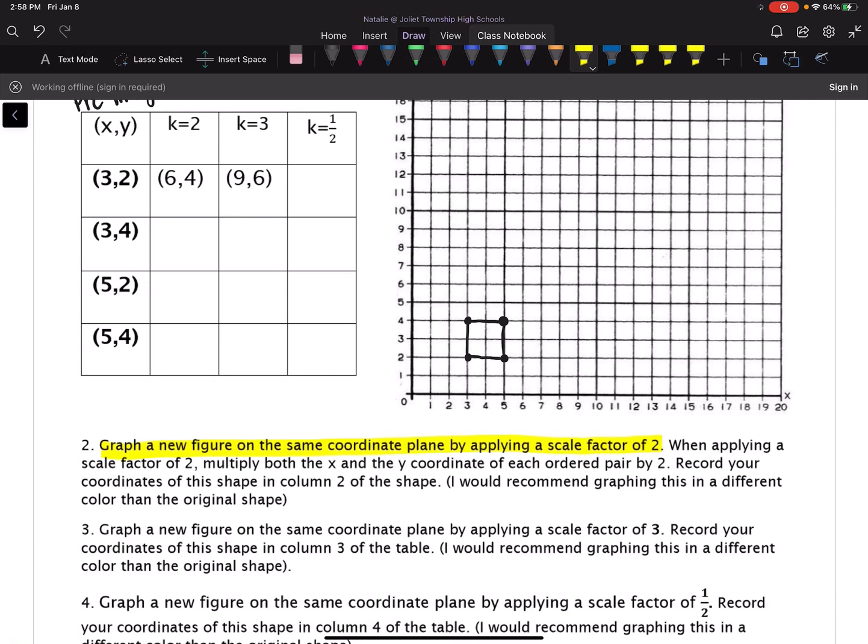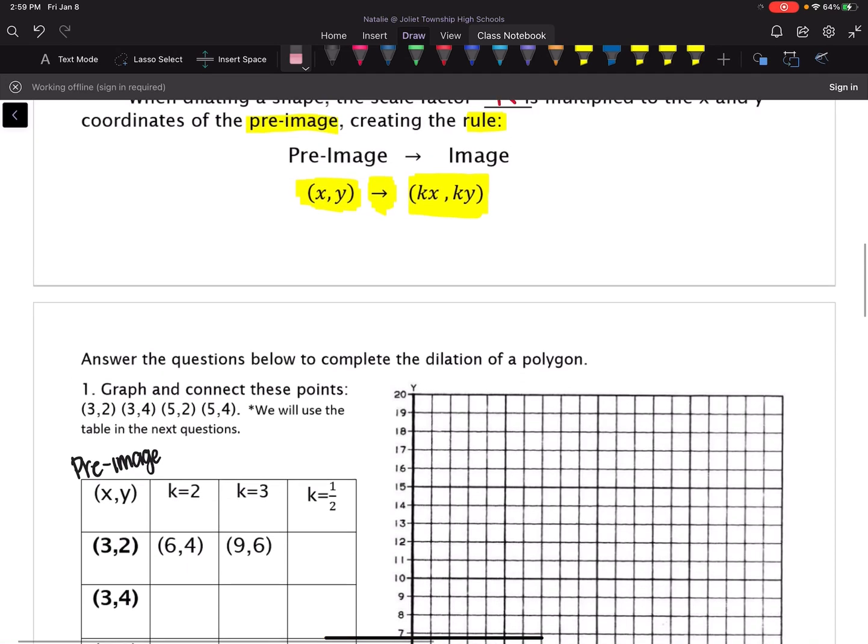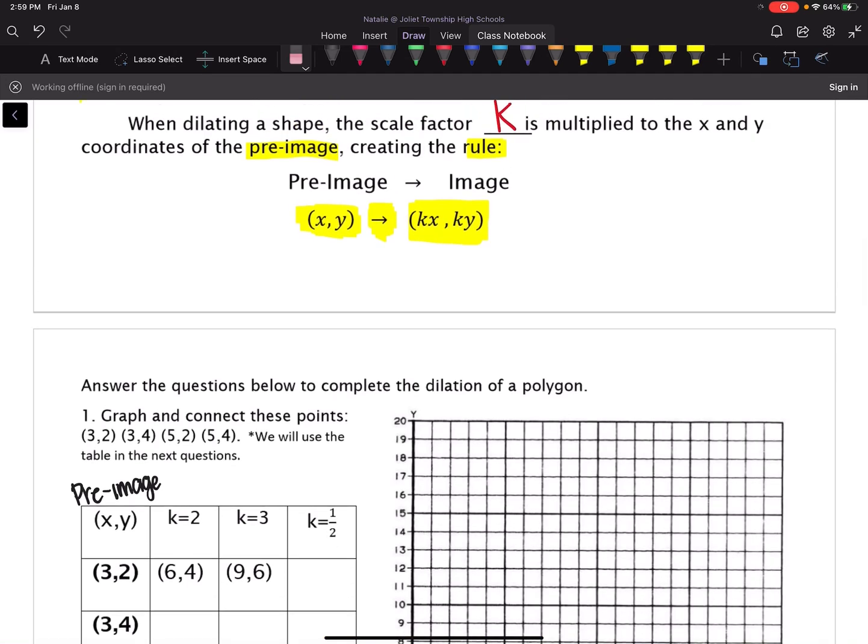The first one that we're going to want to do is when we have a scale factor of 2. When we have a scale factor of 2, that means that my K value is going to be 2. And we know that when we use dilation, we're going to take those x and y coordinates and just multiply them by whatever our K value is.